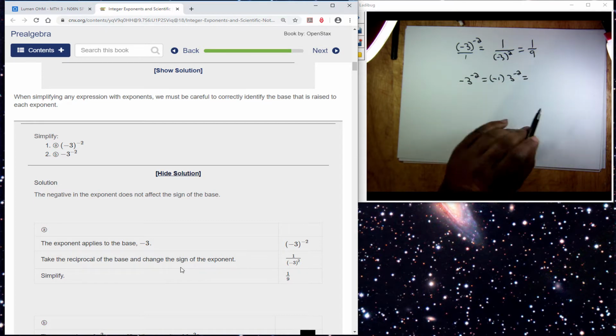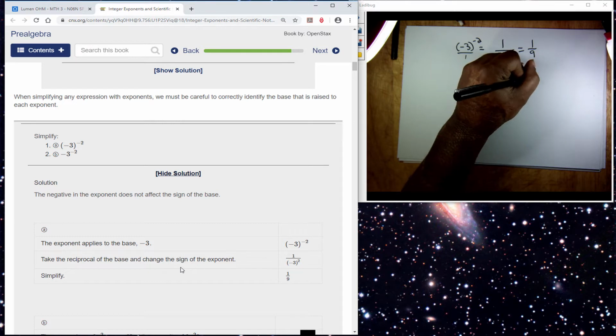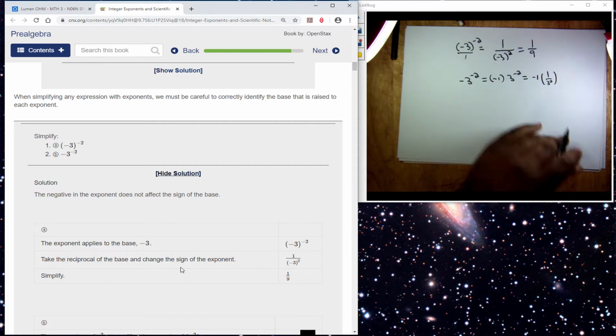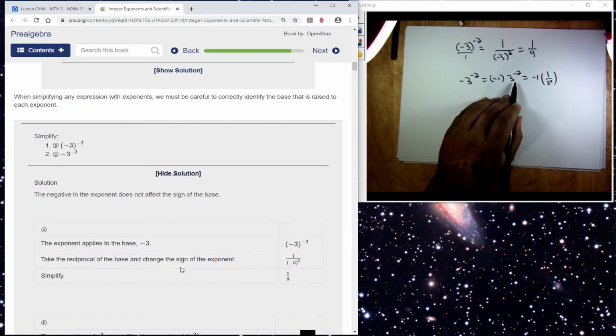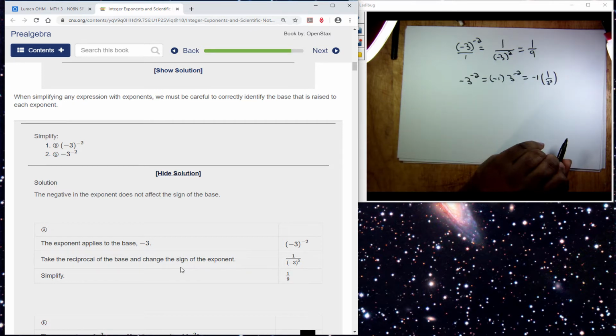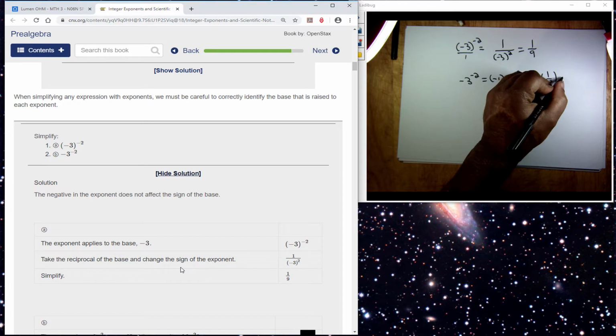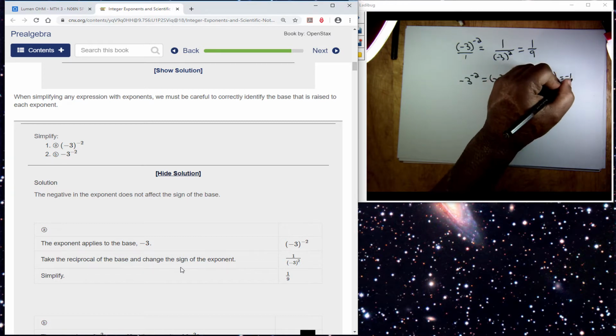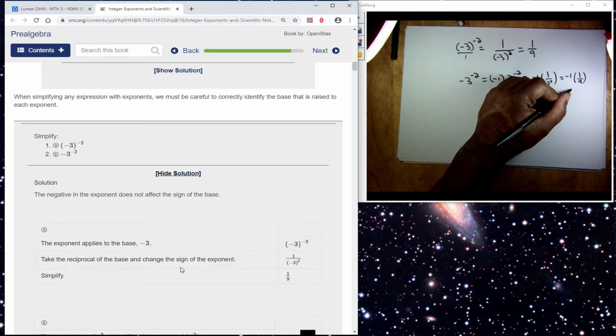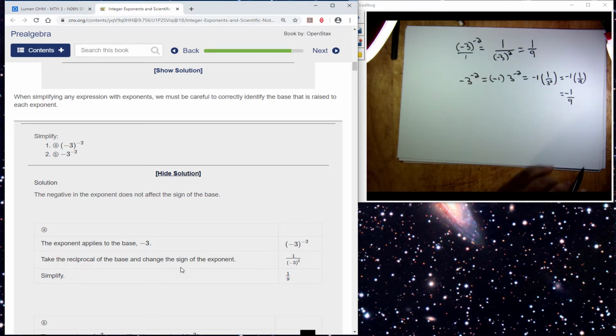So I can rewrite this as negative 1 times 1 over 3 squared, because it belongs in the denominator when it's like that. Now I can multiply this out. I have a negative 1 times 1/9, which is going to be a negative 1/9 for my final answer.